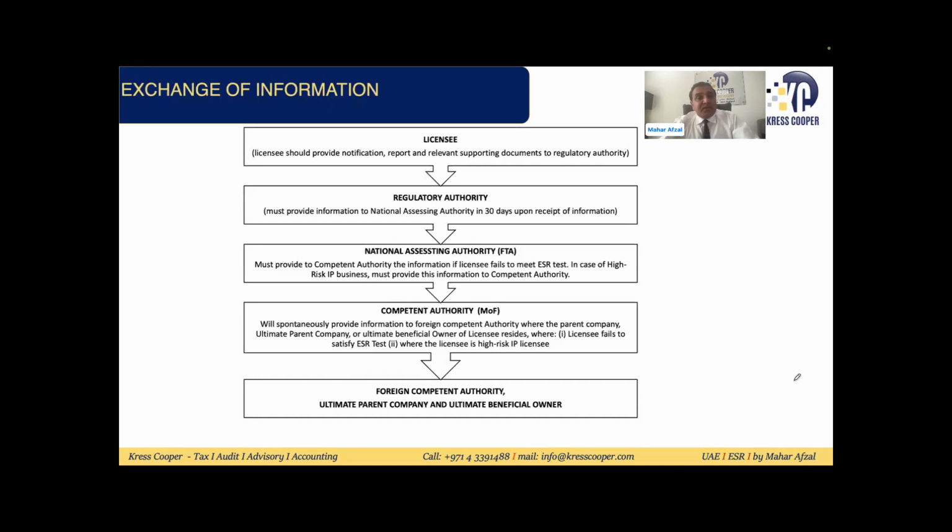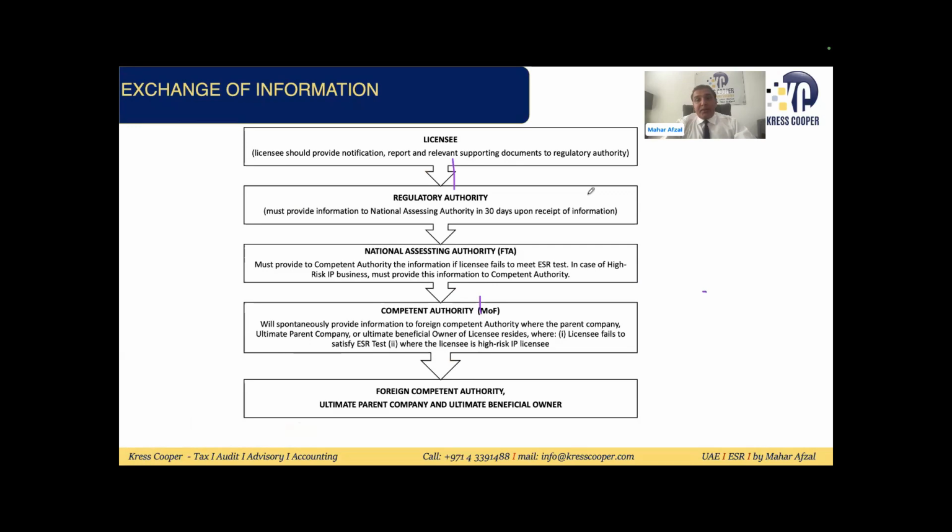So, exchange of information: how does the information flow in ESR? Information flows from the licensee to the regulatory authority, then to the national assessing authority. The information flows from the licensee to the regulatory authority, meaning the national assessing authority, then the Ministry of Finance, then the foreign competent authority.